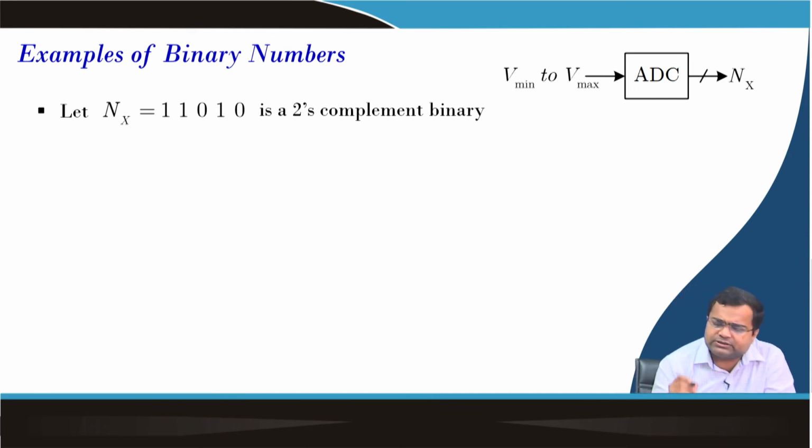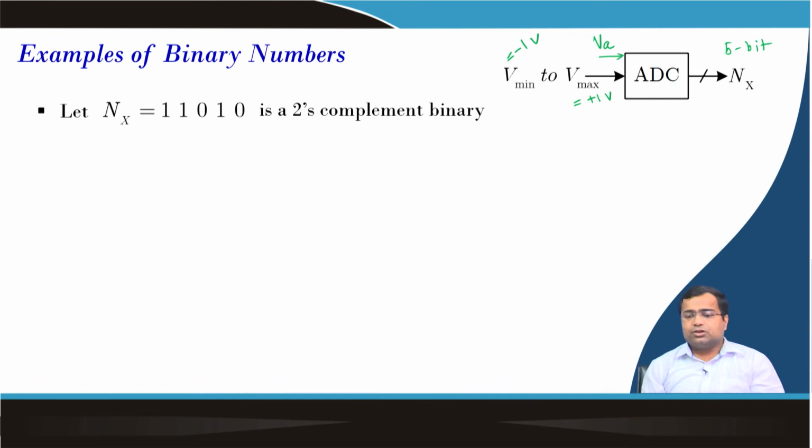Now, suppose this signal, again an analog signal, varies between V min and V max. Let us say V min is minus 1 and V max is plus 1 volt. And again let us say it is a 5-bit number, now in 2's complement.